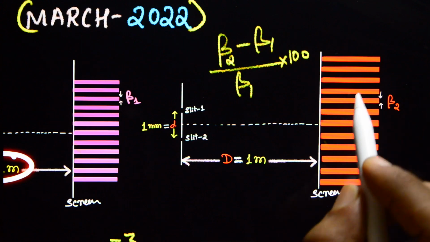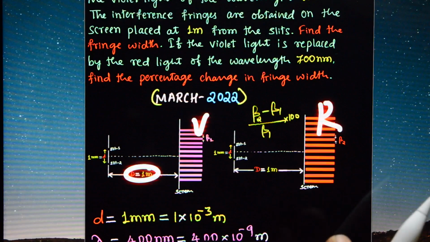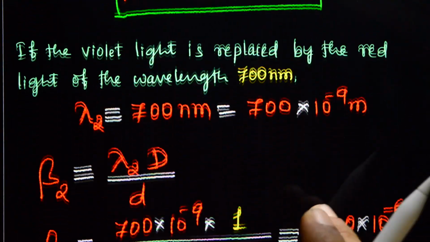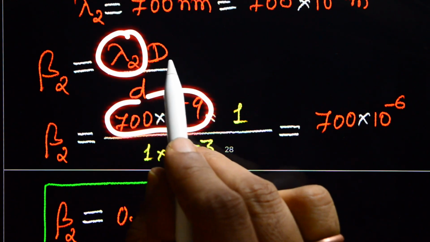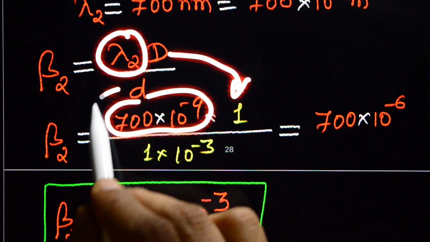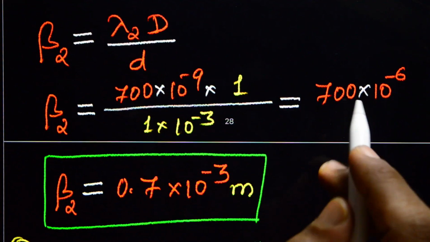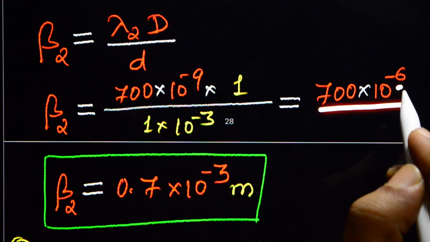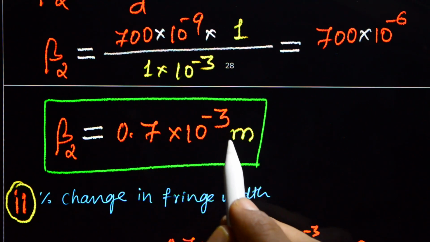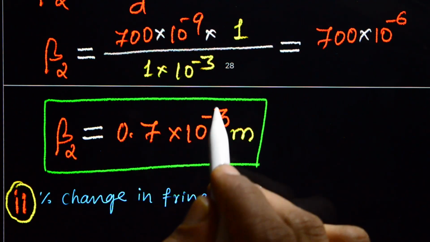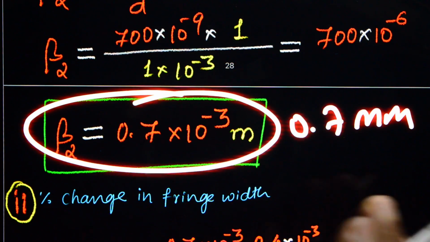Only the wavelength is changed: it was violet, now red 700 nanometer. Substitute lambda 2, that is 700 nanometer, D is 1 meter, small d is 1 millimeter, and on calculation you will get beta 2 equal to 700 into 10 raised to minus 6 meter, or beta 2 is equal to 0.7 into 10 raised to minus 3 meter. So beta 2 came, or I can also write it as 0.7 millimeter, no problem.